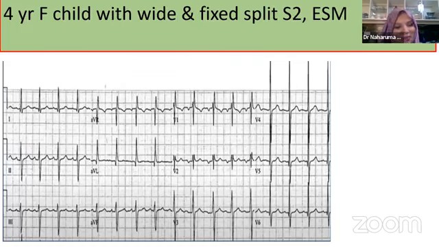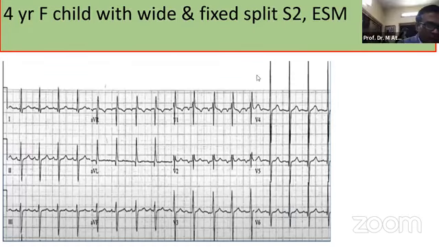Sir, my slide does not move. আরে বাপ রে, ভালো আছ তোমরা?